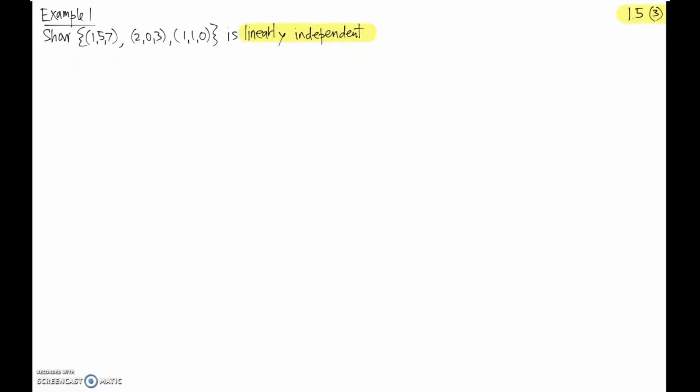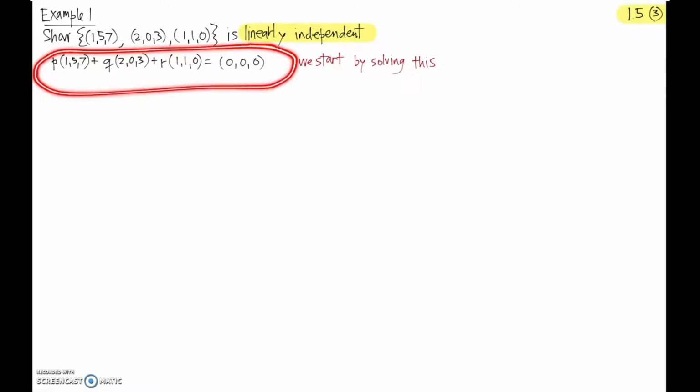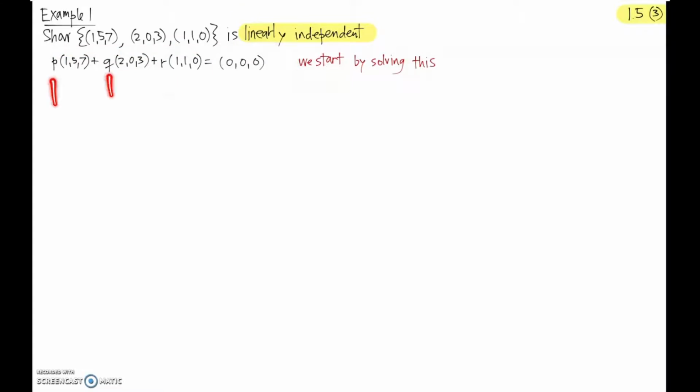How do we go about proving that? Here's the equation that we're interested in, and it's not immediately obvious to me why it would have to be that P, Q, and R are 0. Hopefully they are, because that's the only way to show linear independence.